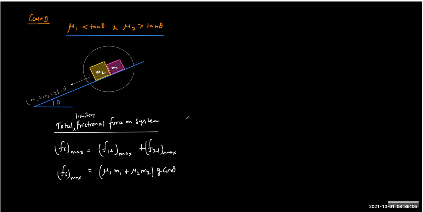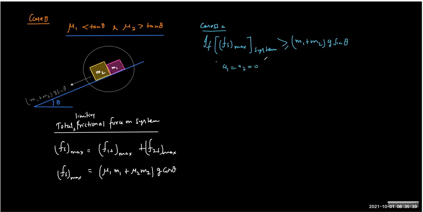Now we need to take two cases again, or you can say sub-cases. Case 2a: if Fs max of the system exceeds or even equals the net gravitational pull, then again the acceleration will be zero, so nothing will move.